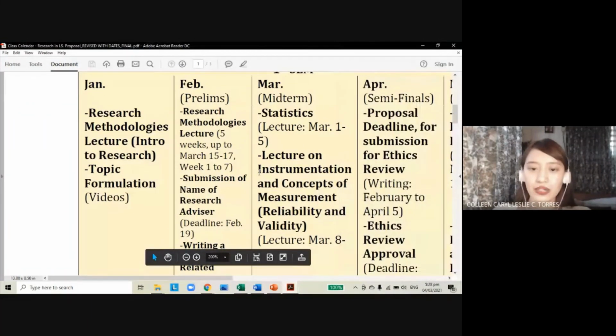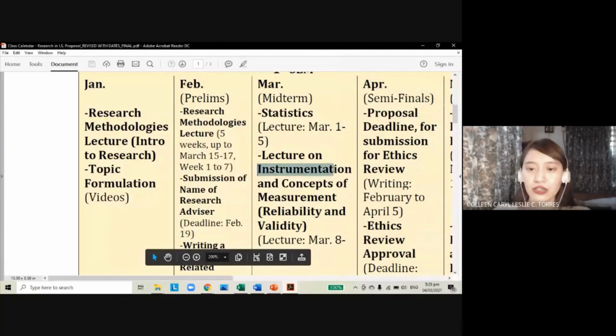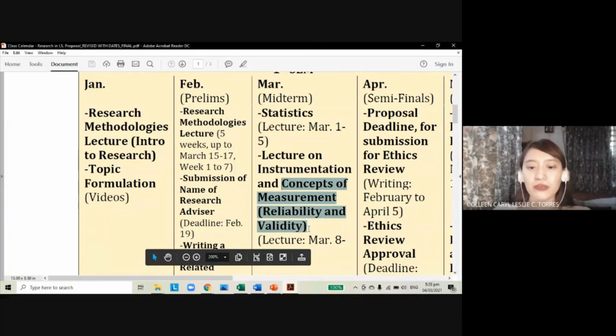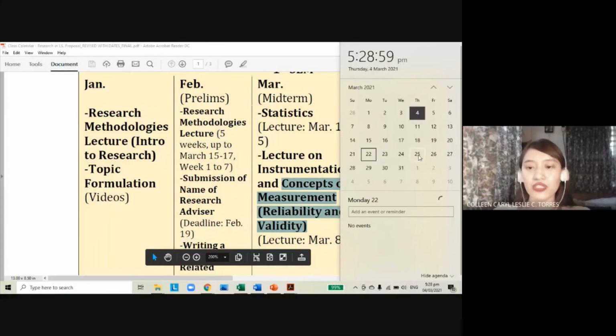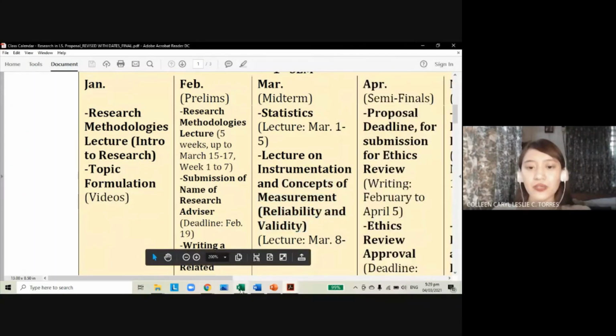And then on March 11, our lesson will be on research instrumentation, or creating survey forms and doing focus group discussions and interviews. And then probably that will be the coverage of the midterms, including measurement and reliability and validity. Basically, data analysis, we'll just discuss on the 22nd and 25th. That will be like the semi-finals since it will be Holy Week. So 22 and 25. Okay, any questions?